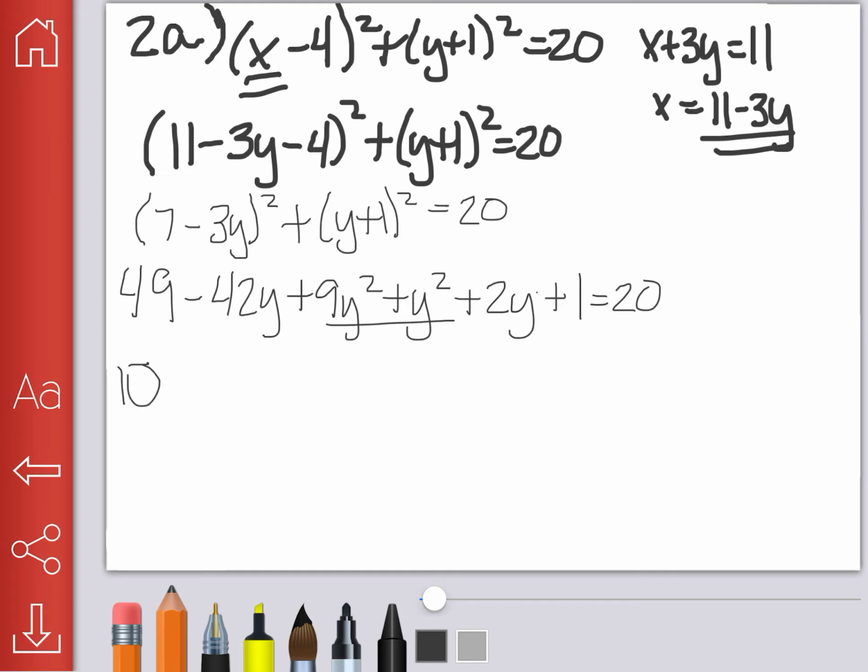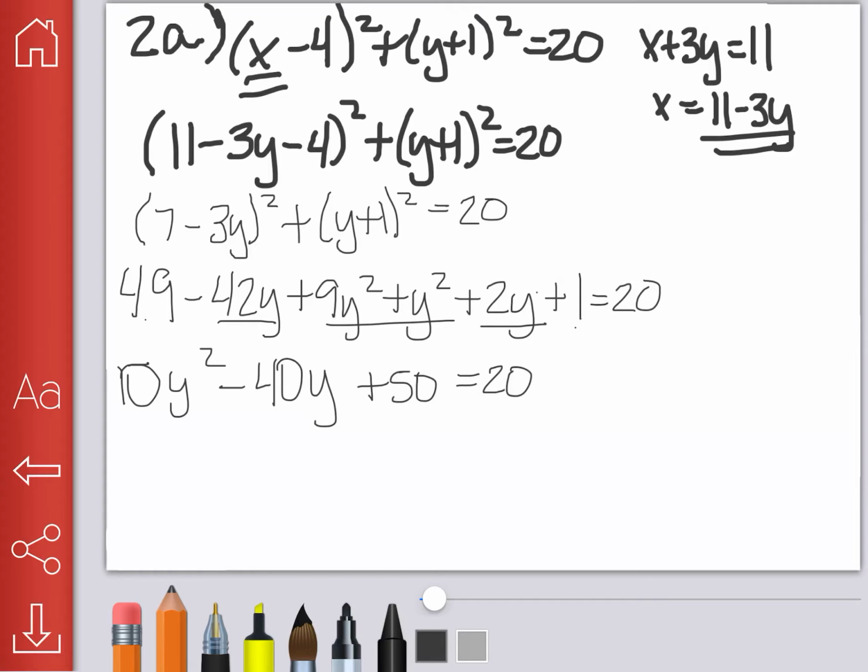That's 10y squared. Negative 42 and 2, that's negative 40y. And then 49 and 1 is 50, equals 20. I'm sure you see how this is going to actually work out quite well.